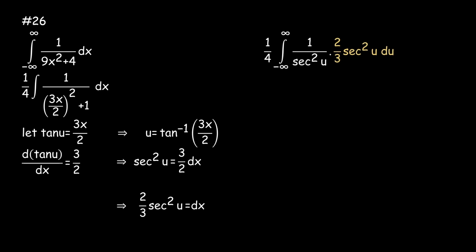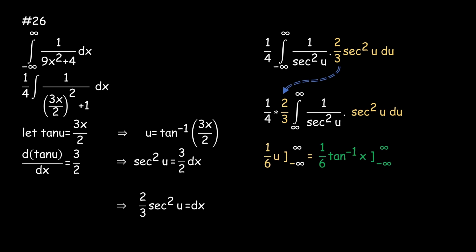Now the sec squared u's would cancel out, and we are going to be left with just the 2/3, which we can take out of the brackets. Then we integrate just the value 1. If you simplify the fraction on the outside, you get 1/6 of u from negative infinity to positive infinity. If we replace back our value of u, we should get 1/6 tan inverse of x from negative infinity to infinity.